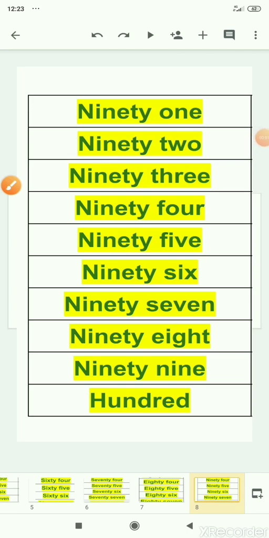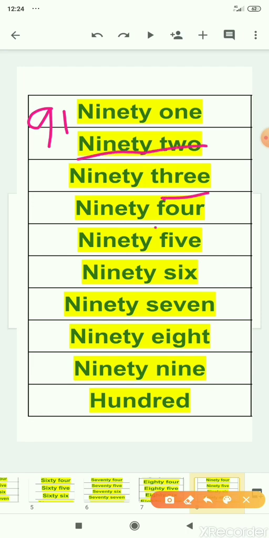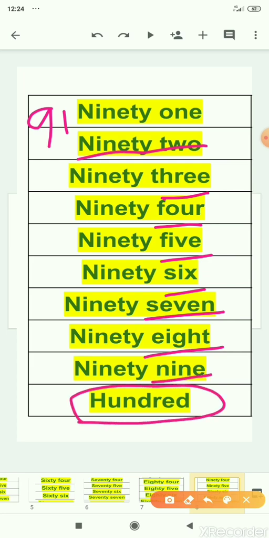After 90 we have the spelling of 91. 9 belongs to 90. Then the same pattern here: 91, 92, 93, 94, 95, 96, 97, 98, 99 and then 100.